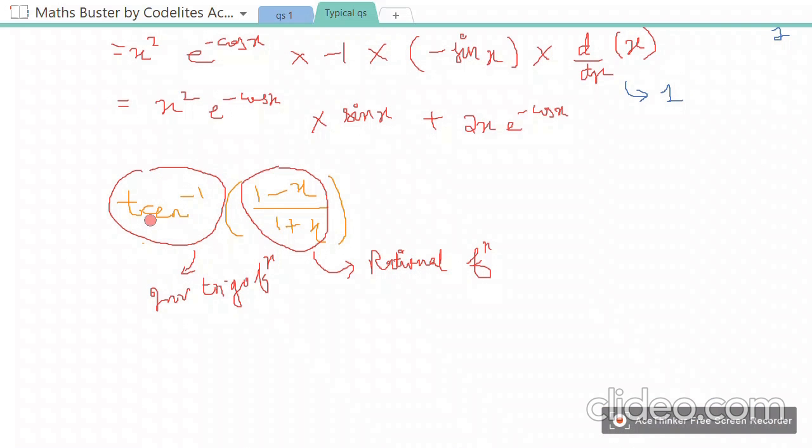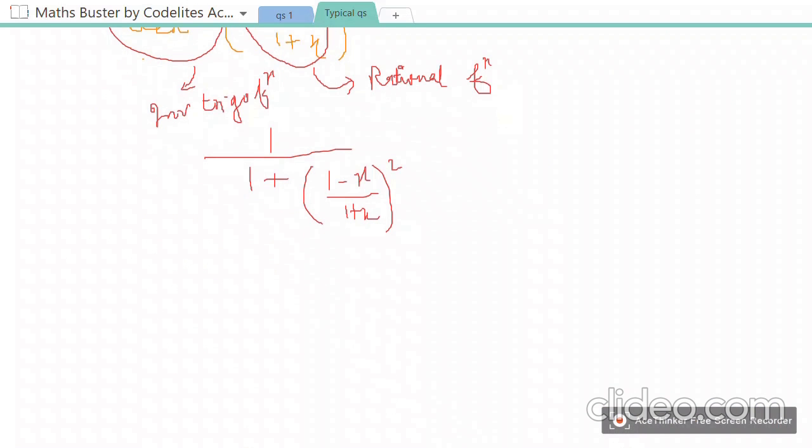So I will first take the derivative of tan inverse. Yes, 1 upon 1 plus x square. Now what is your x here? Your input, so this full term will come: 1 minus x upon 1 plus x, the whole square.